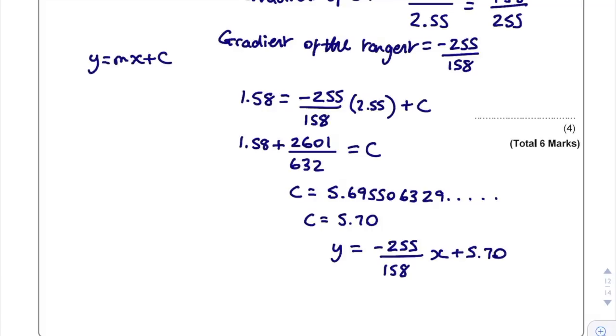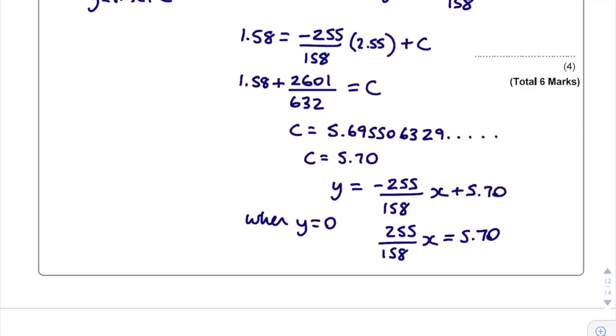Now I need to work out at which point this line intersects the x-axis. Well, it intersects the x-axis when y equals 0. So I can set this equation equal to 0 and solve for x. I can add 255 over 158 x to both sides, so I get 255 over 158 x equals 5.70.